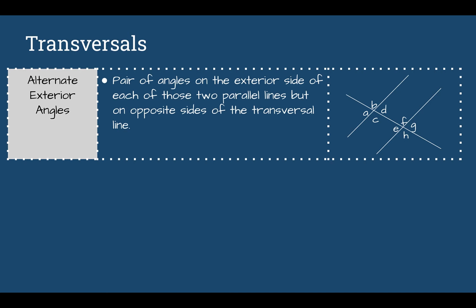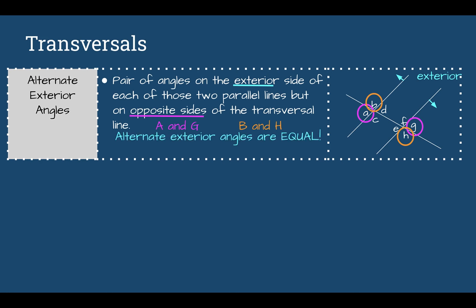Another similar type of angles are alternate exterior angles. So these are similar to what we just saw, but they're on the exterior side of the parallel lines and opposite sides of the transversal. So exterior and opposite. Exterior meaning it's outside the parallel lines, and opposite sides of that transversal line. So A and G, or B and H. And just like the alternate interior angles, alternate exterior angles are equal.